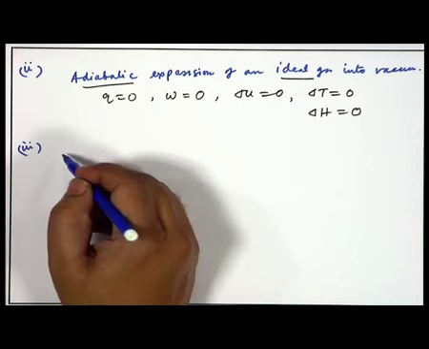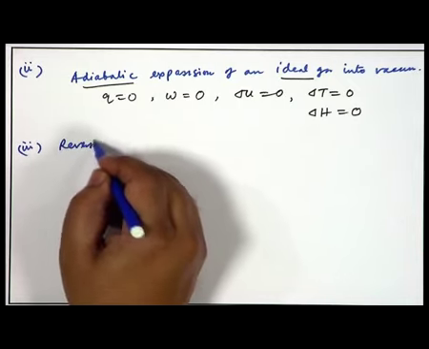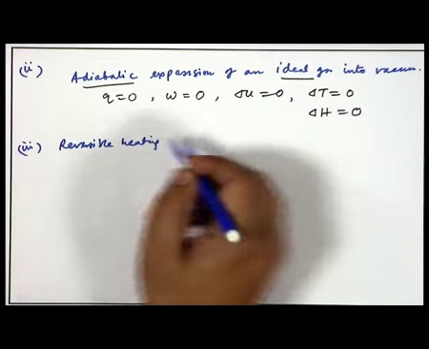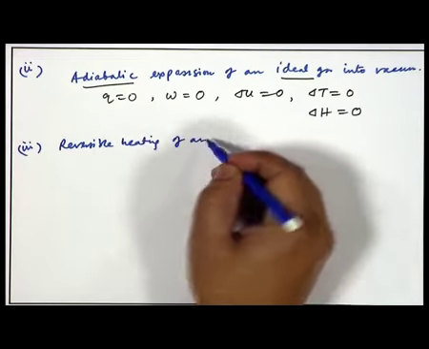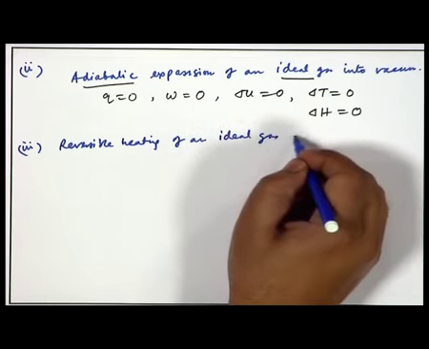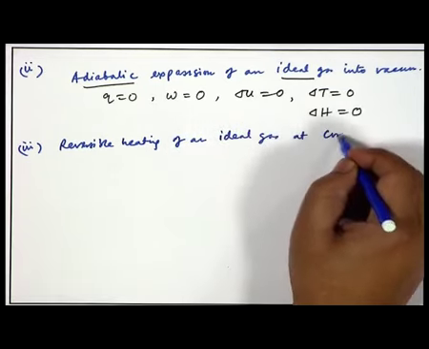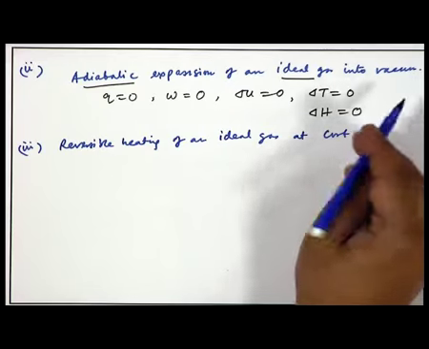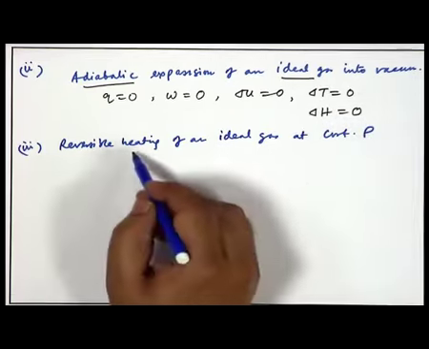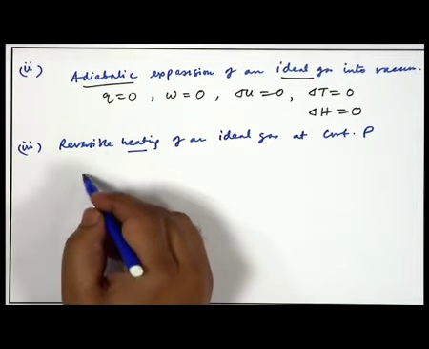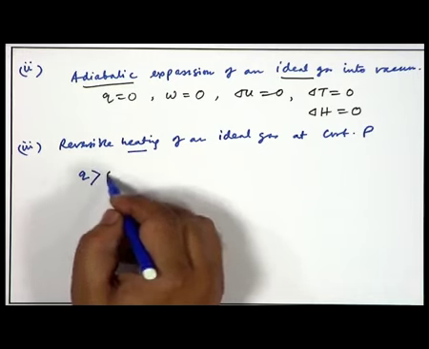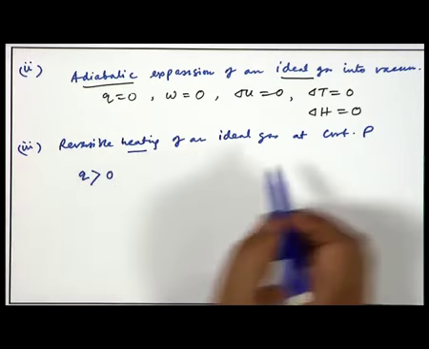3 is reversible heating of an ideal gas at constant P. We are talking about heating. So, Q must be greater than 0, constant pressure.